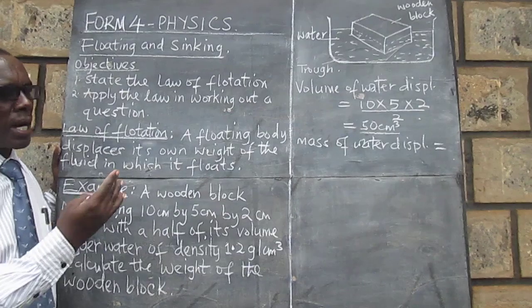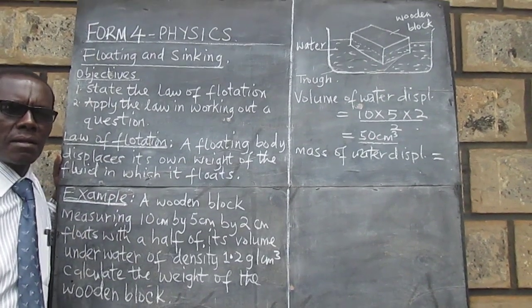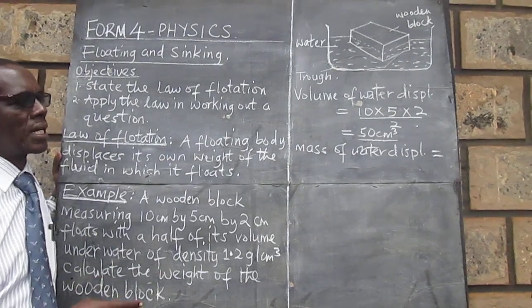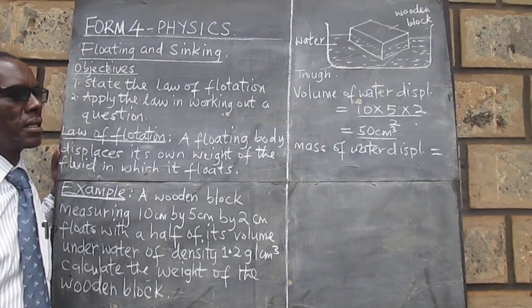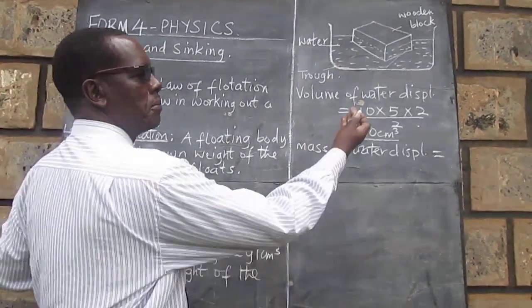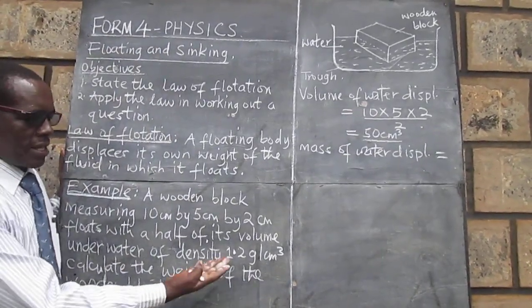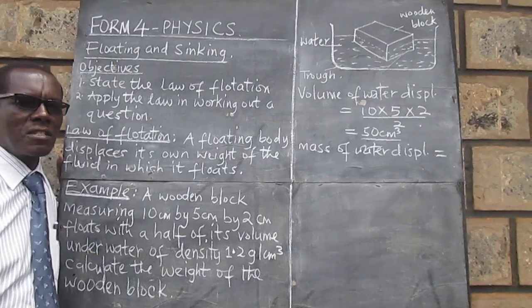We can go now back to the formula for density. We know it, density equals mass over volume. And now that we want mass, it is going to be volume of water displaced multiplied by the density of the water that is displaced.